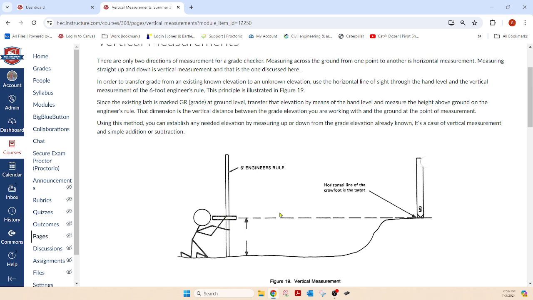So I have this mark over here now. So now I can measure up to here, and again, that's 2 feet. So in this case, if I want to get to grade, I'll have to add 2 foot of dirt in here. You agree?